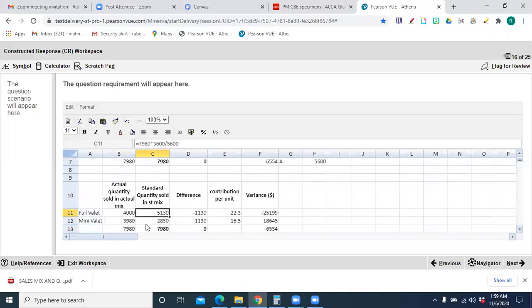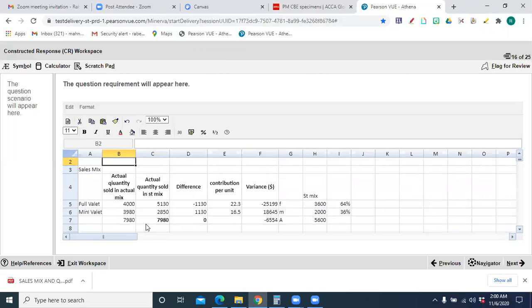Okay, and here you need to take the standard quantity sold in standard mix. So consider this as actual. Whenever you're calculating the sales variances, put actual first and then the budgeted figure. So consider this as the actual figure and this as the budgeted figure. Here as well, we put the actual figure first, which was actual quantity sold in actual mix, and the budgeted figure next, so that we actually know whether we sold less or more.